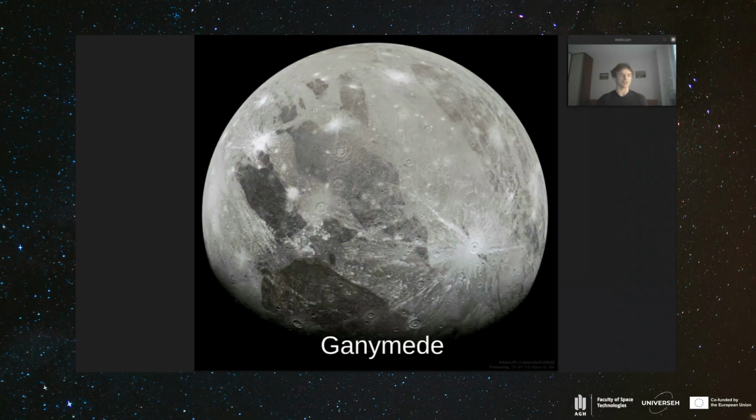This is what's responsible for creating the magnetic field. What's interesting is that Triton, Mars, and Mercury, which are similar in size to Ganymede, do not have their own magnetic field.